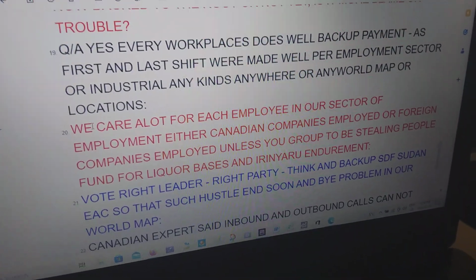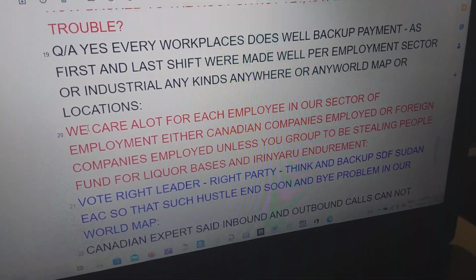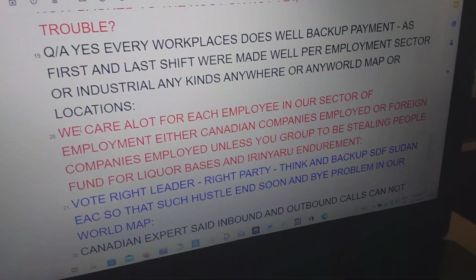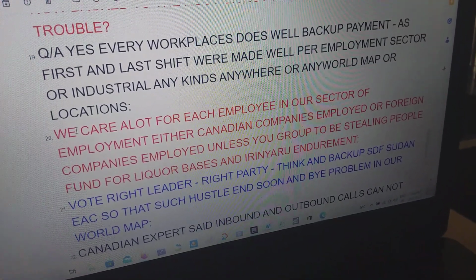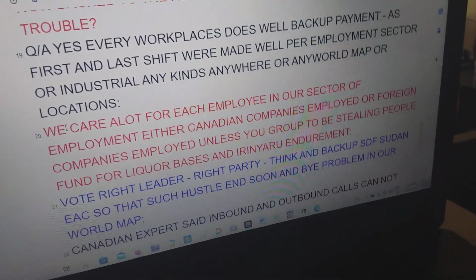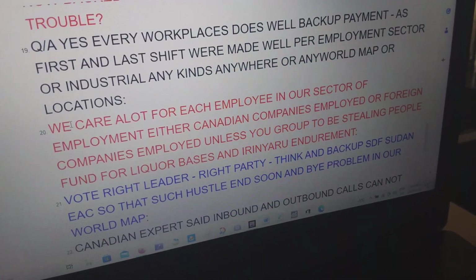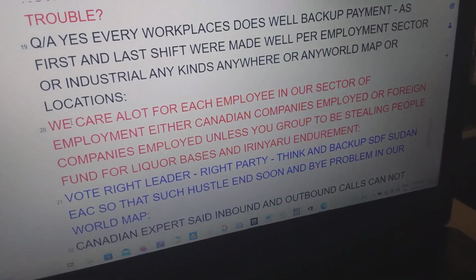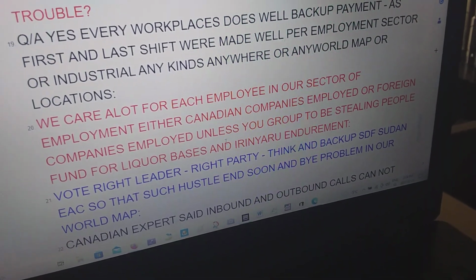We care a lot for each employee in our sectors of employment, either Canadian company-owned employees or foreign company employees, unless you group to be stealing people's funds for liquor or irinyaru endowments.